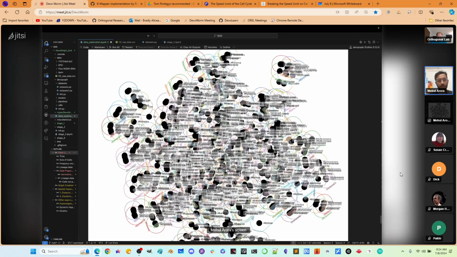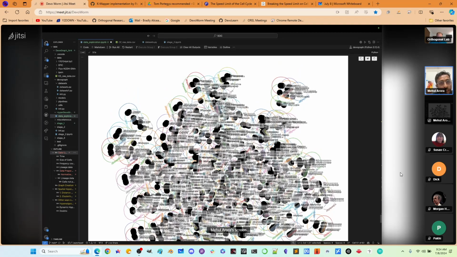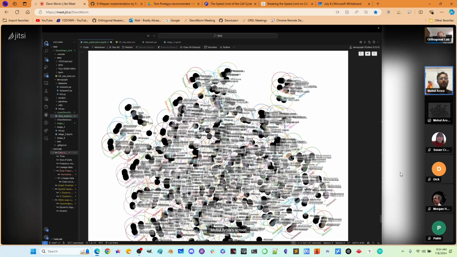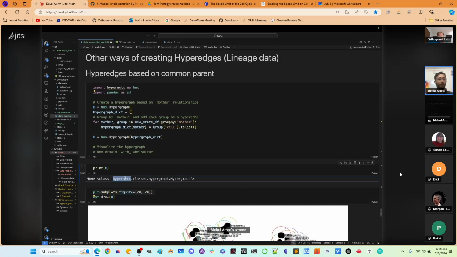Here we can see that we have the name for the hyperedge and the name for the nodes also. Black ones are the nodes, and the different colors are the hyperedges. I can draw a much better figure. I am using a library called HyperNetX, which I found at some point.